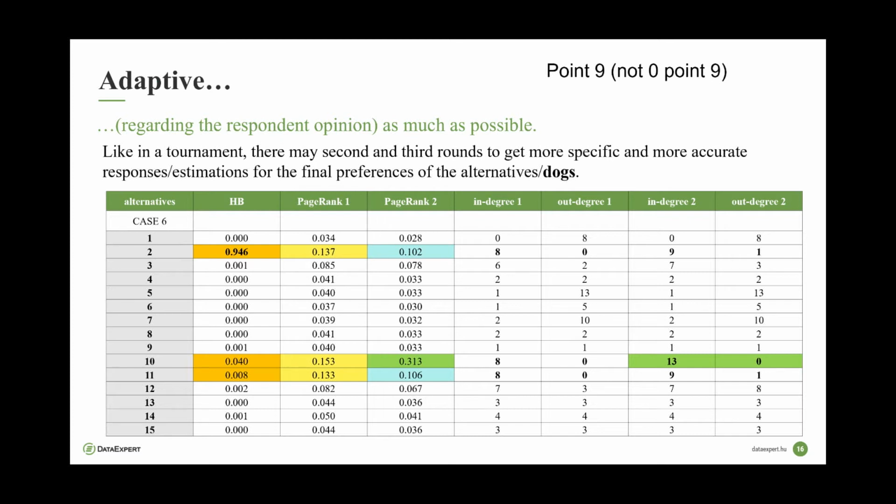And here you can see the PageRank 1 column and PageRank 2. In PageRank 1, the yellow, you see more or less the same probabilities. But PageRank 2 resulted in a much clearer picture of which is the best for that respondent, because it's just for one respondent.